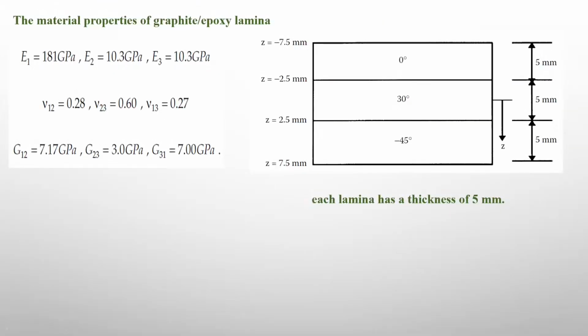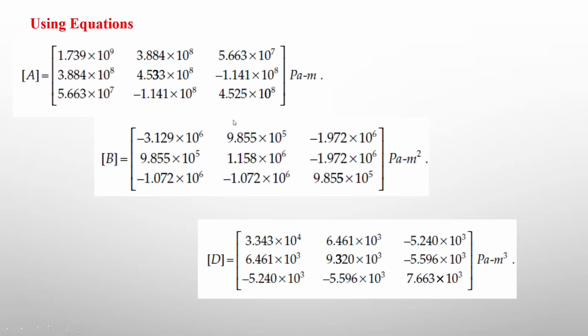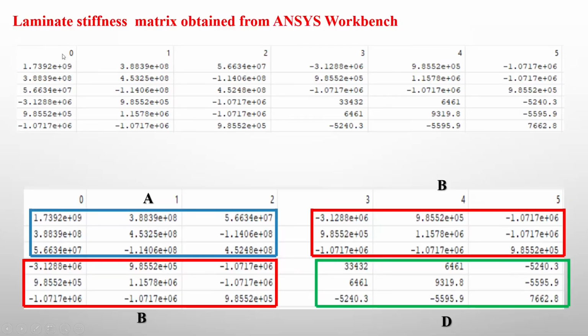If you look here, this is the A matrix, B matrix and D matrix obtained by using the equation. This is the stiffness matrix obtained directly from ANSYS Workbench. This is the combined matrix. At the bottom, I showed you the A matrix, B matrix and D matrix separately.